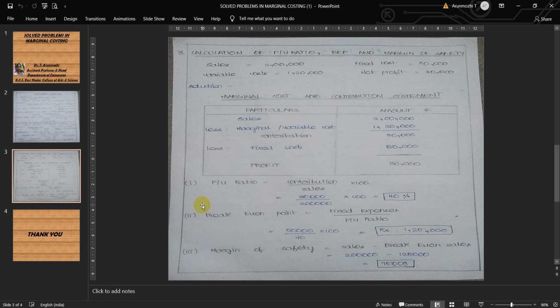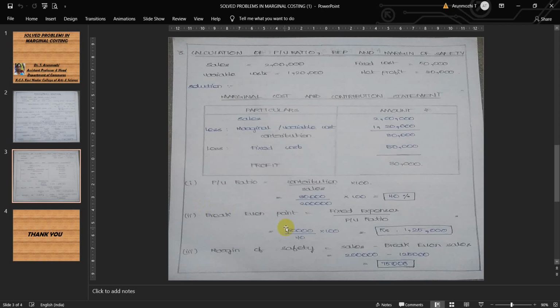The formula which we know already is sales minus variable cost, you will get contribution, minus your fixed cost, you will get profit. So here the same application is used. Sales value is 2 lakh, variable cost is 1,20,000, so you get a contribution of 80,000. Next, deduct fixed cost from the contribution, you get profit is equal to 30,000.